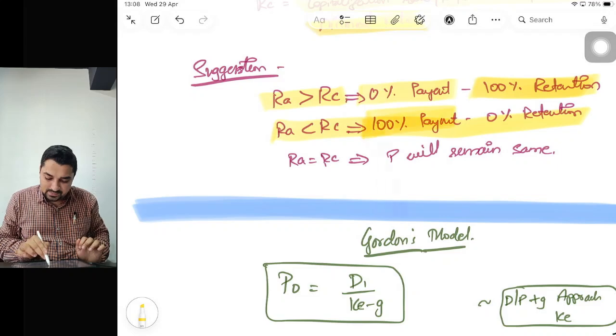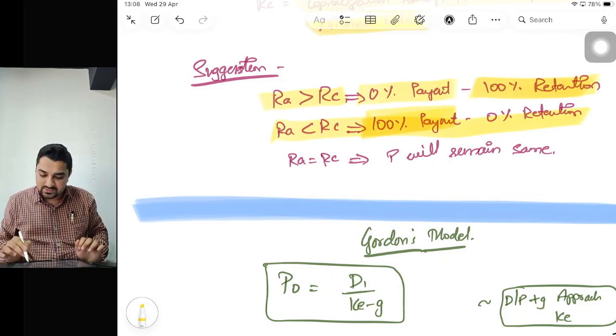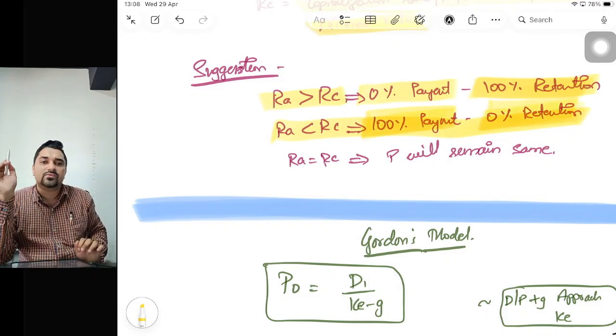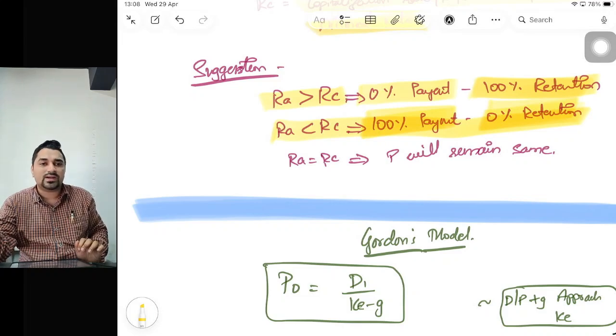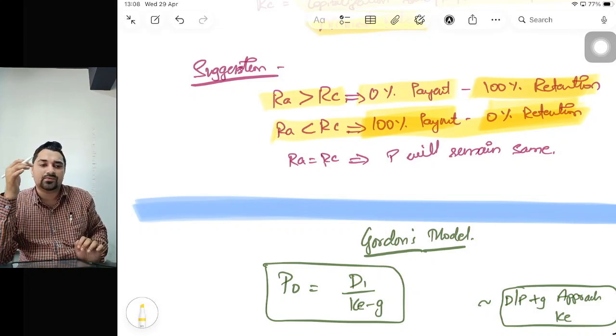In that case, 100% you need to pay it out as dividend, and you should have zero retention. Why? Because he'll invest it at 20% return. Your company is only giving him 15%. So when will the ultimate objective of maximization of equity shareholders' wealth be maximum? When the return earned by the equity shareholder is maximum.